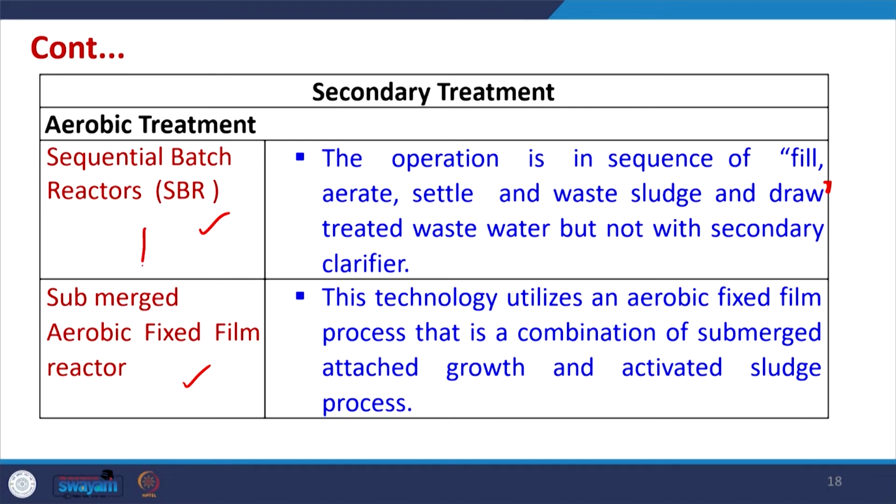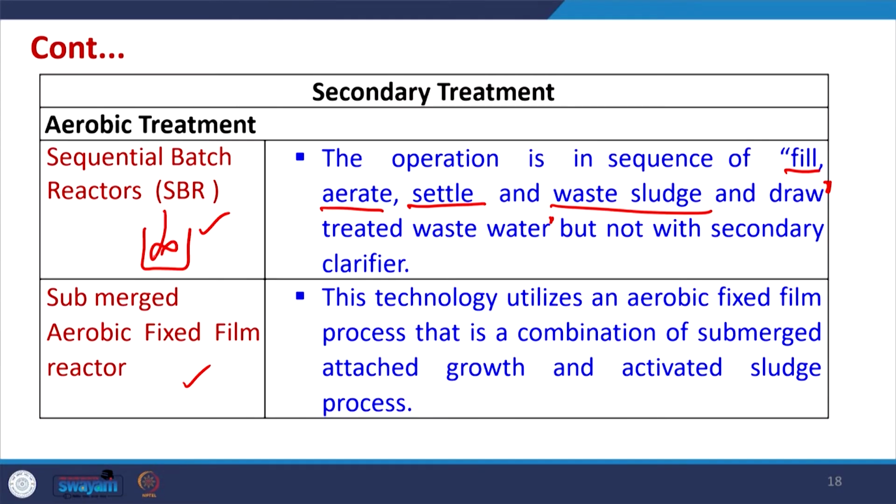So, a reactor is there and filling is done, then aeration is done, after that the settling happens and then the waste sludge is discharged as well as the treated wastewater is discharged. All these steps are performed within the same reactor. So, we do not have different reactors in series, we have different operations in the same reactor in batch mode.